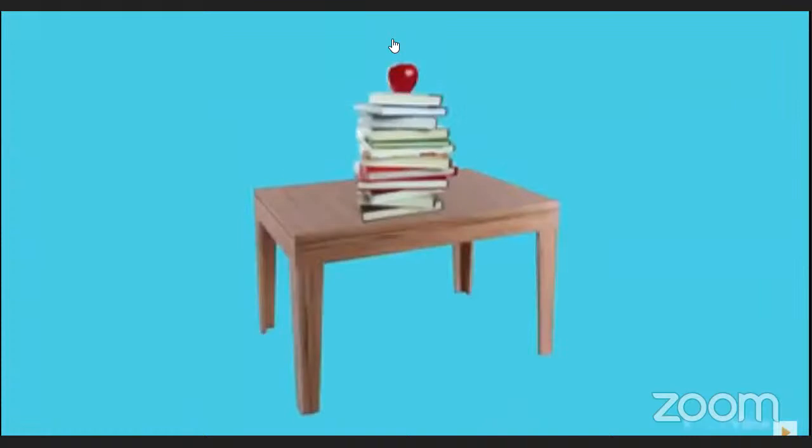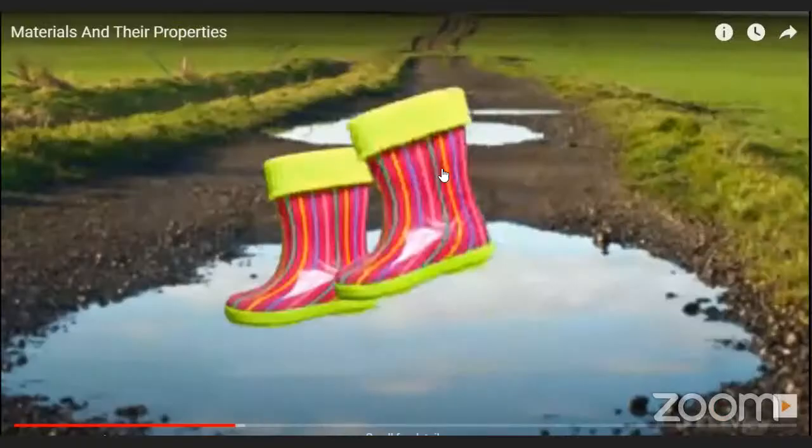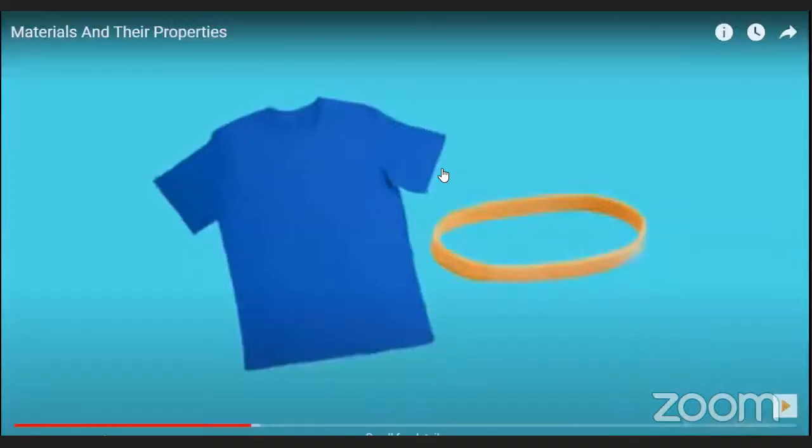You might know that wood is hard. Plastic is waterproof. Fabrics and rubber are flexible.